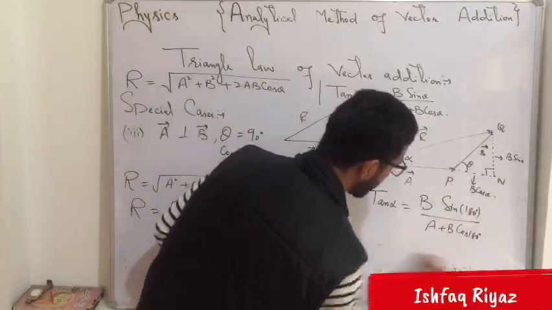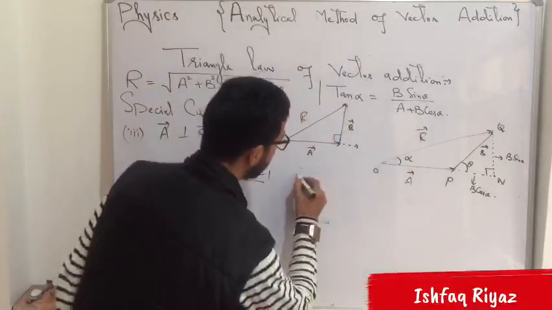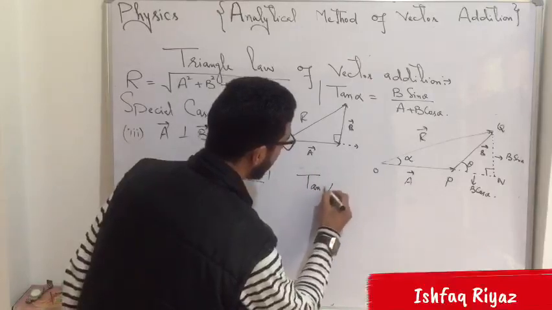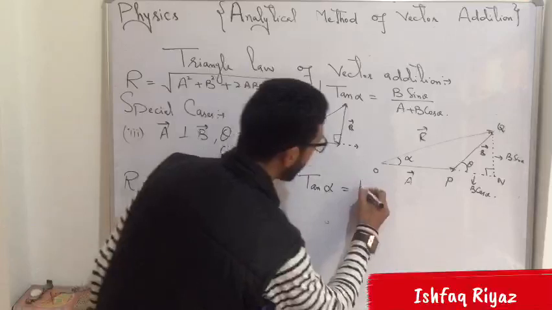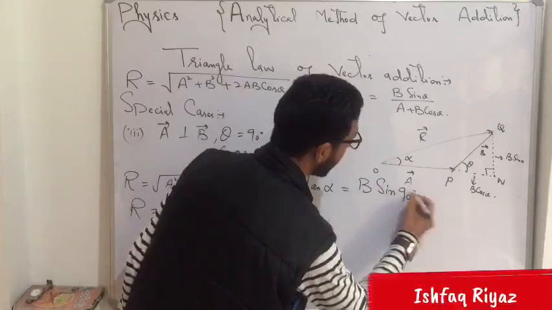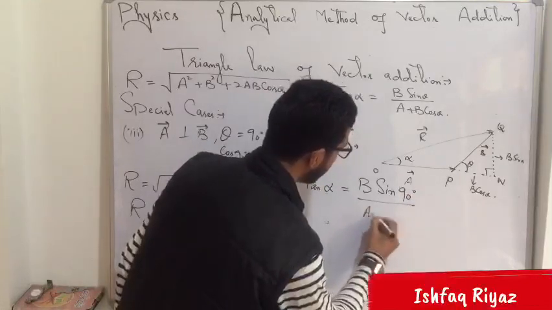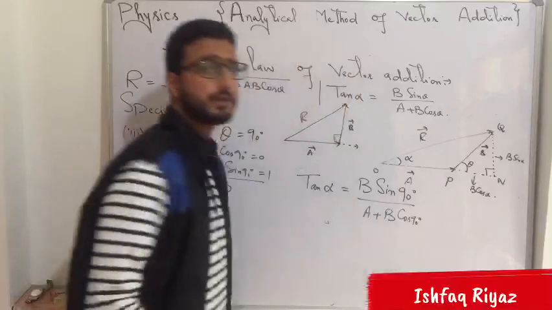Let us try to calculate it here. The direction of the resultant vector R will be given by tan of alpha, that is equal to b sin theta, so I will write here b sin of 90 degree in place of theta, divided by a plus b cos of 90 degree. Okay?